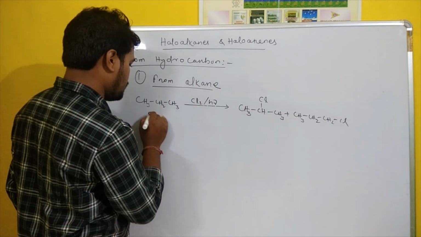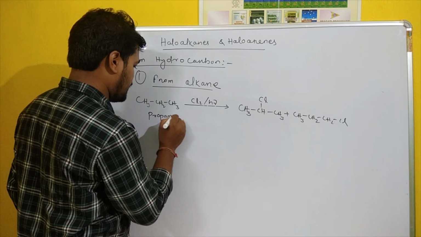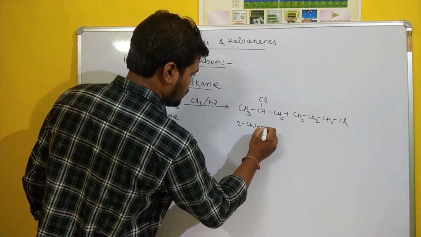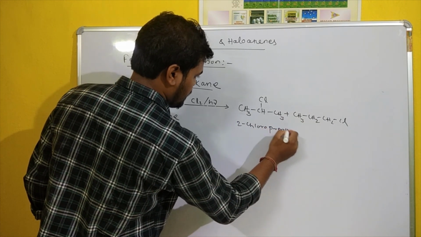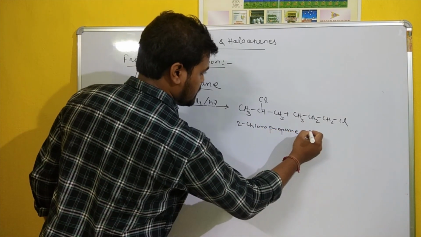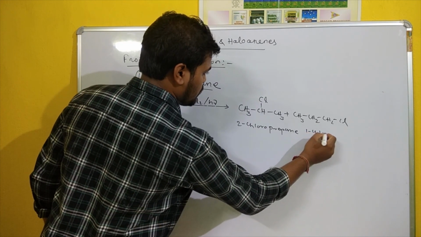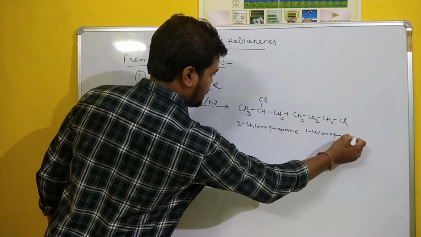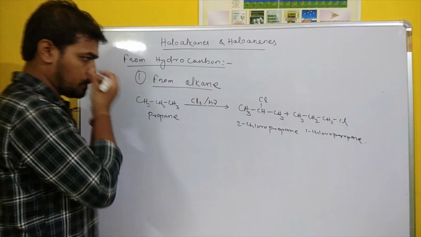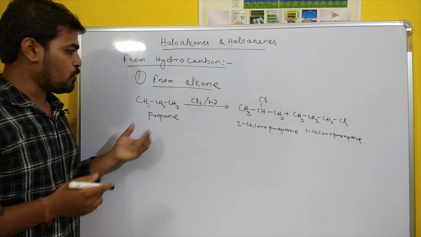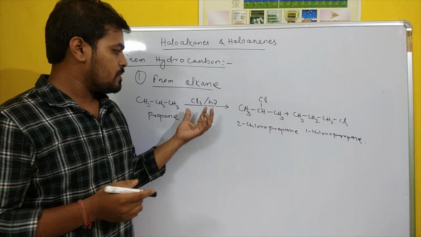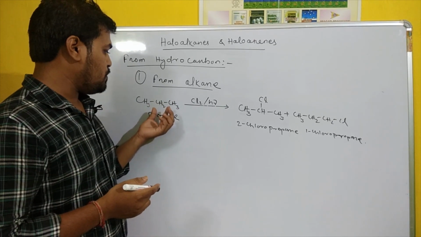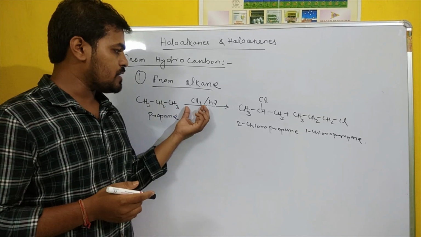This is propane, and the products are 2-chloropropane, and this is 1-chloropropane. So when propane undergoes free radical halogenation, one hydrogen of the propane is replaced by a halogen atom.